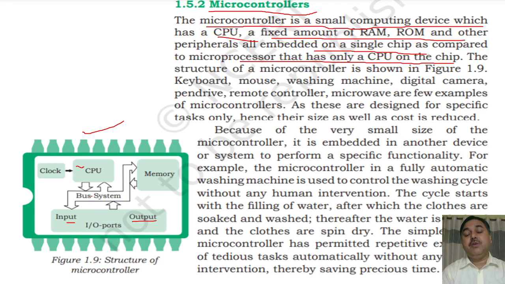In the microcontroller that we are building here, we have to control the keyboard, the mouse, the washing machine, the digital camera, the pen drive, the remote controller, the microwave.